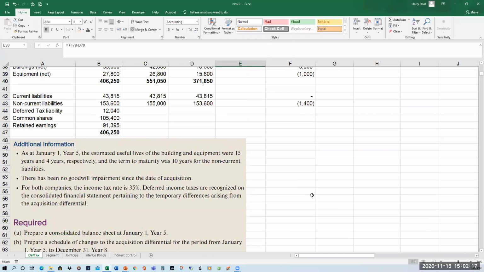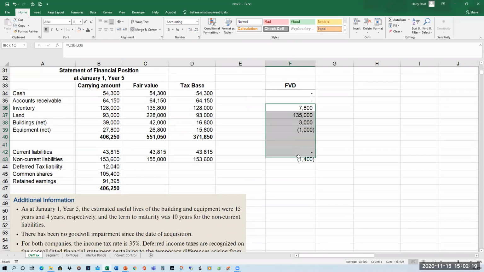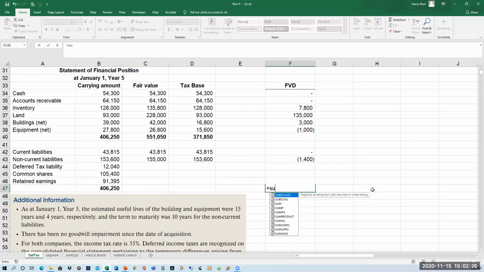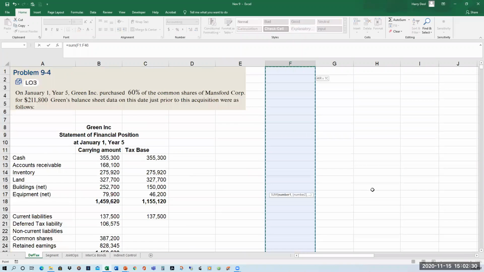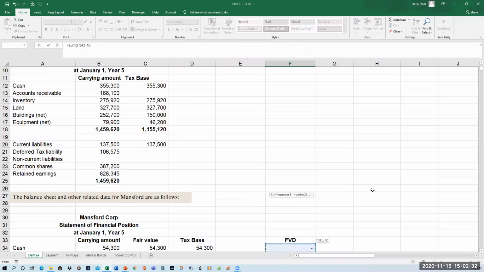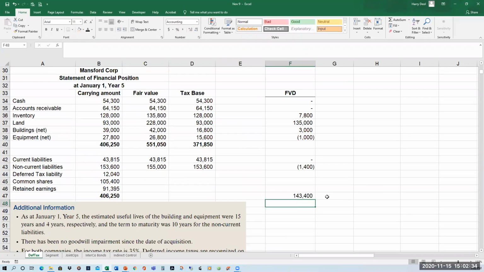And that, if you go back and take a look at the total of the fair value differences, if I was to just add them up, is 143,400 net debit.